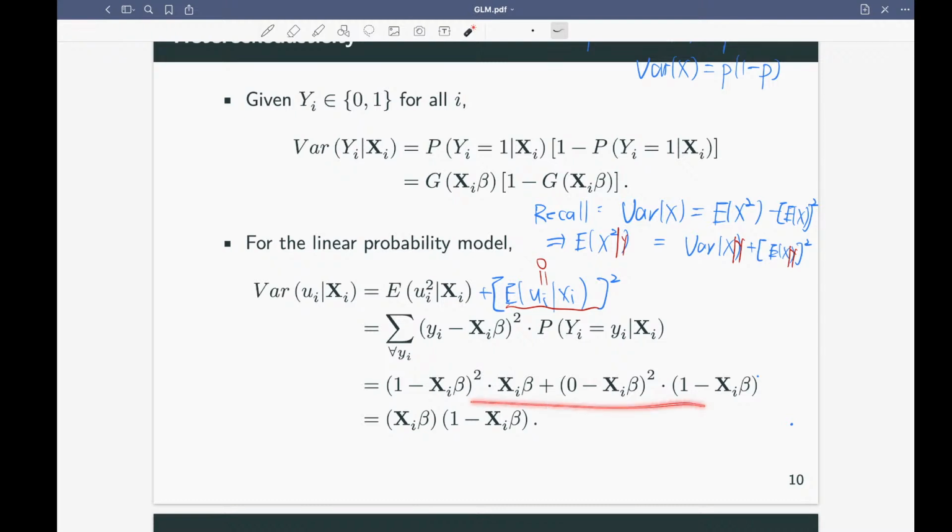Okay, so you can merge these two terms. You can find they have the same term here.